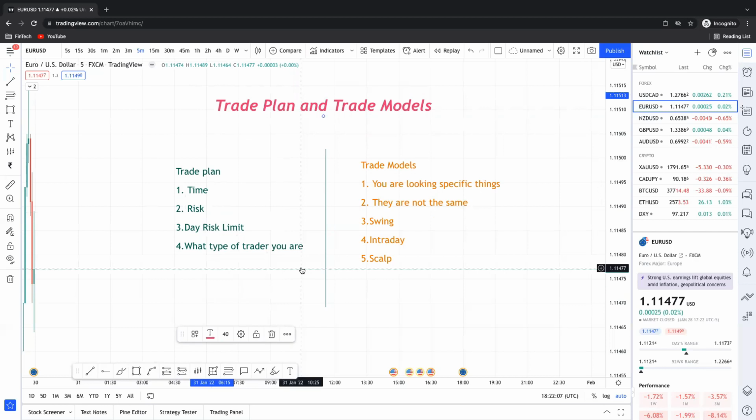If you have a plan and you're not following it, that's where journaling comes into the picture. Why do you journal the trades? You want to know whether you are following your plan or not. If you're not following your plan, I guarantee you're not going to last more than 90 days in the market. So you should have a concrete plan, and more importantly, you should follow that plan.